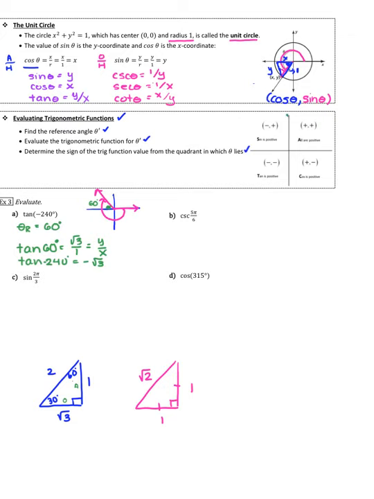If we look back up here at the coordinate system where it shows the positive and negative, see where it says ASTC. So there's a shortcut here. A for all means all the trig are positive in the first quadrant.